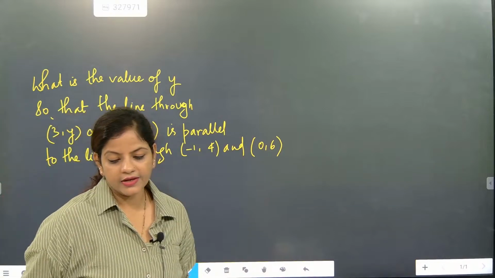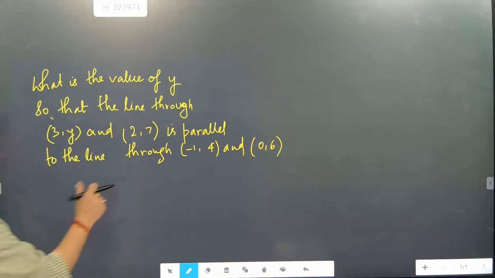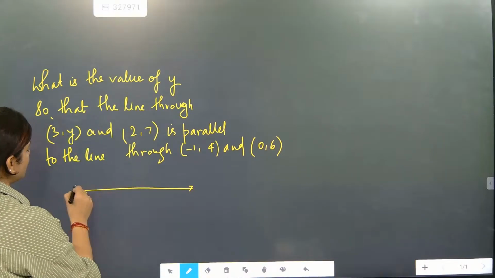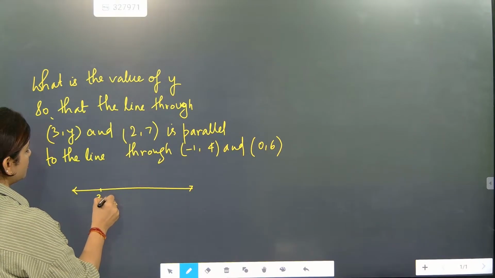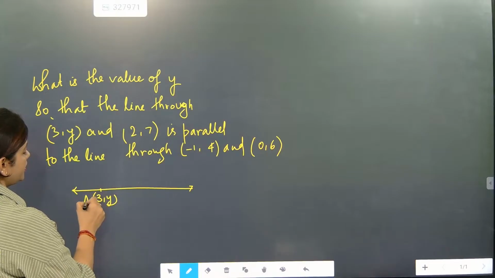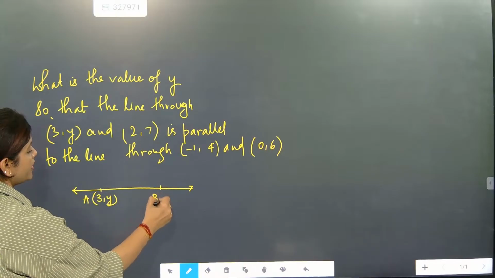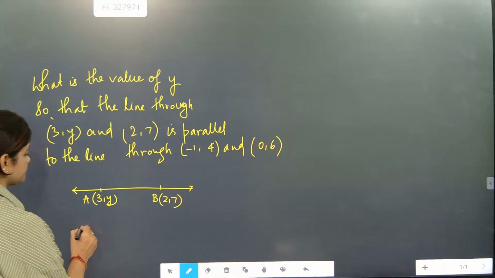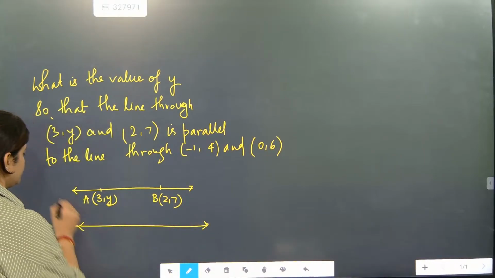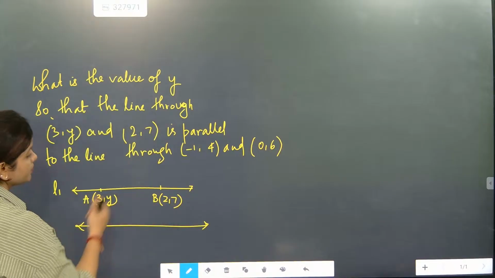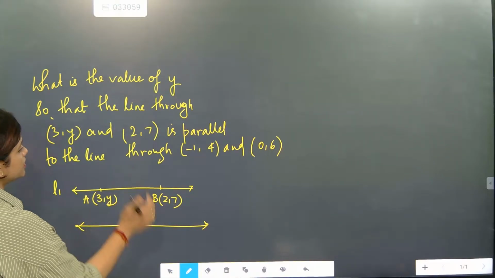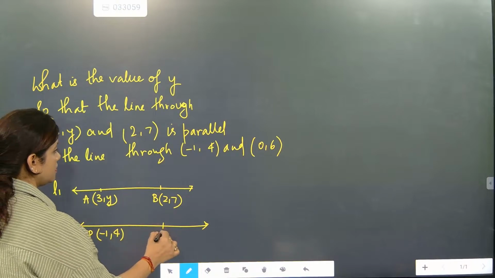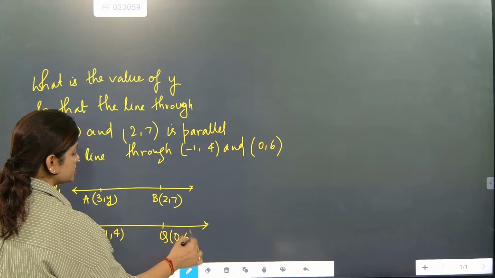Y is equal to 9. Let's see, Kamlesh. First, beta, these two points are making one line. So point A (3, y) and point B (2, 7) made a line, L1, made by two points. Now line L2 is made by two points, P (-1, 4) and Q (0, 6).